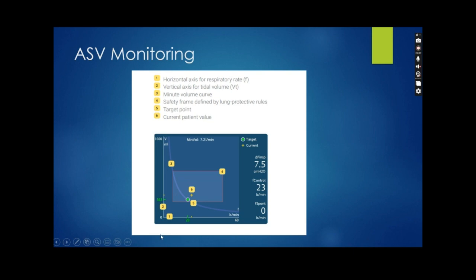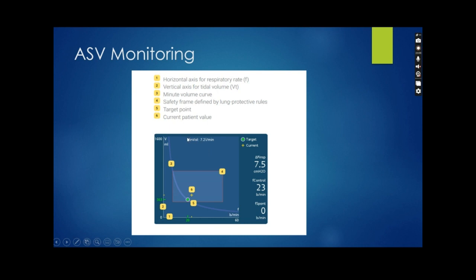As you can see, here is our horizontal axis, which is your respiratory rate, and then you have your vertical axis for tidal volume. Here you have your minute volume curve. Depending on what your patient is doing as opposed to the target, it is going to move on this curve.